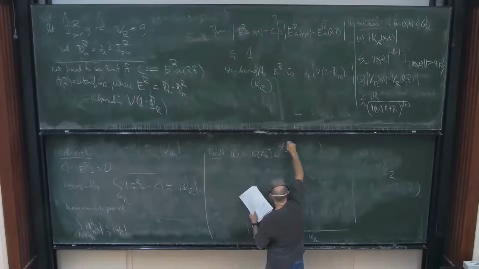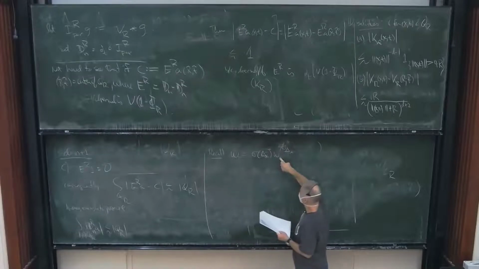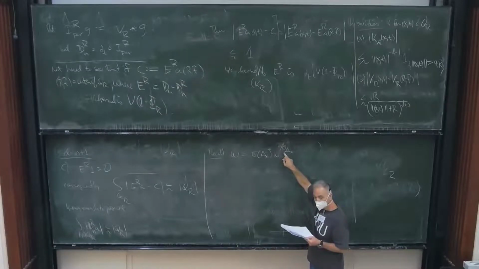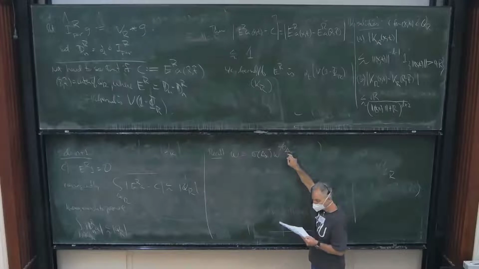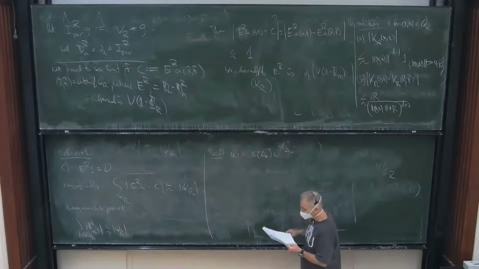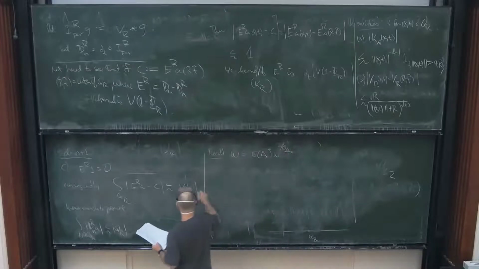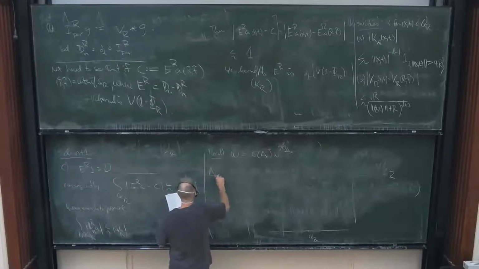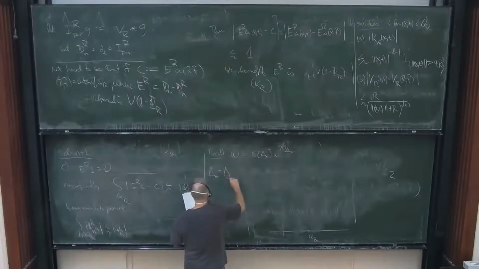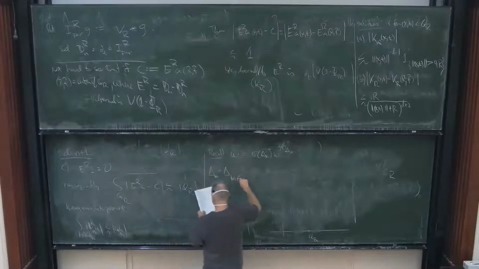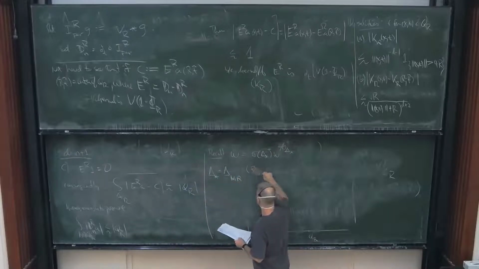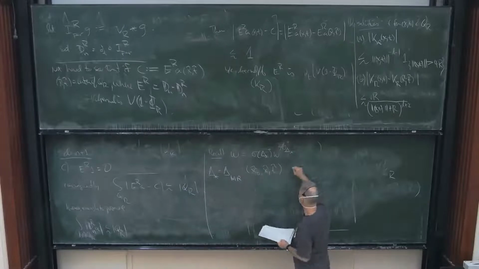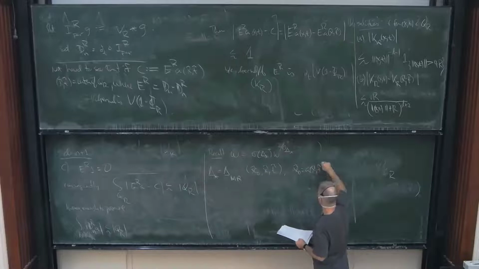It's a normalized version of caloric measure at the time forward corkscrew point relative to delta star. And that delta star is delta MR centered here. Of course, this is on the boundary, so x naught tilde is A of x tilde, t tilde.